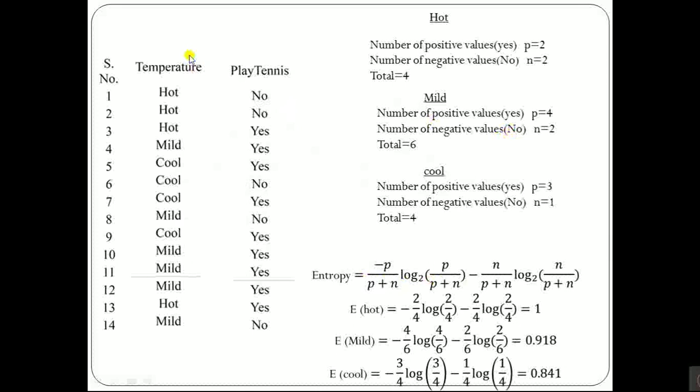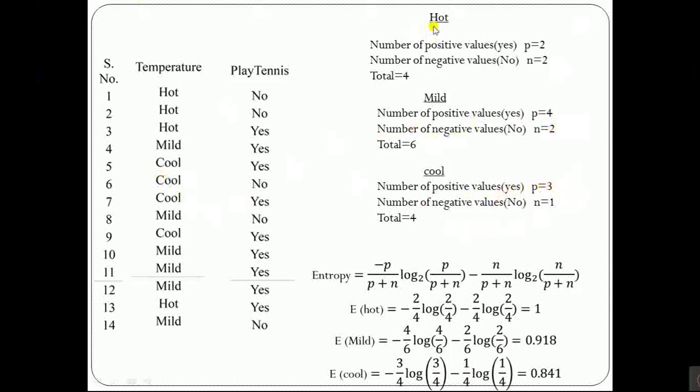Similarly, the next attribute is temperature. Among temperature, different categories are available: hot, mild, cold. In hot, how many yes and how many no are mentioned for playing tennis? They are equal values, and the total is 4. Similarly for mild, the number of positive is 4, negative is 2, so the total is 6. For cool, the number of positive values is 3 and negative is 1, so the total is 4.